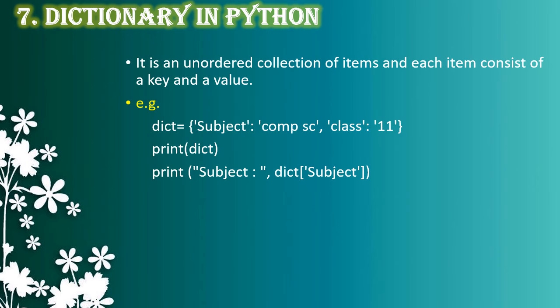Using the key we can fetch the particular value. So dict is the dictionary name, dict of square bracket subject is given, so only the subject key's value will be printed. Next, using the get function also we can get a particular value from the dictionary. So dictionary.get of class, so the class value 11 will be displayed in the third print statement.